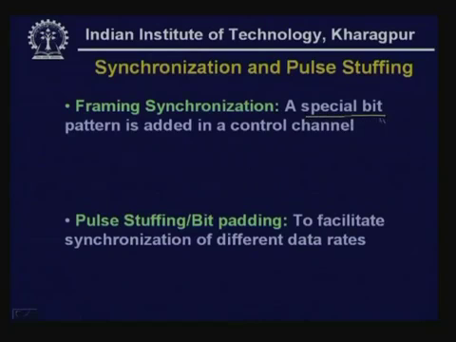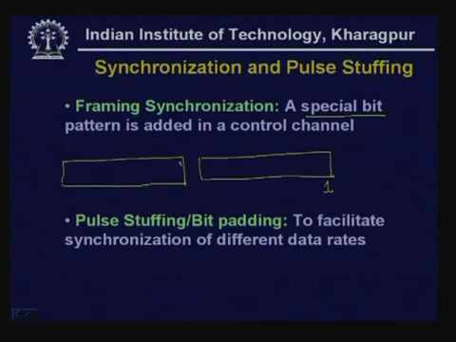However, whenever we are doing the framing, some additional bits are necessary for synchronization. Usually per frame 1 bit is used for the purpose of synchronization. So, a special bit or bit pattern is added in a control channel. This is used for synchronization. For example, at the beginning of each frame a 1 is added, then at the beginning of the next frame a 0 is added.